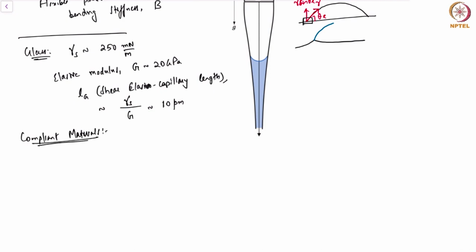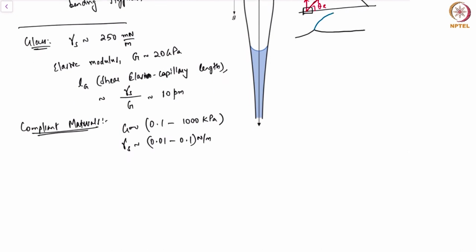Here the G is much smaller. It typically goes from anywhere from 0.1 to around 1000 kilopascals, much smaller than the 10-20 gigapascals that we were looking at, and the surface tension for such surfaces is also anywhere between 0.01 to 0.1 newton per meter.